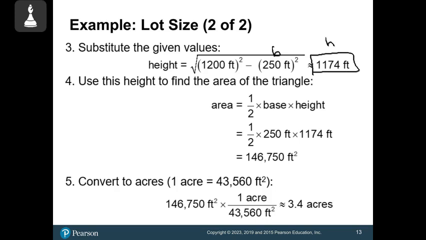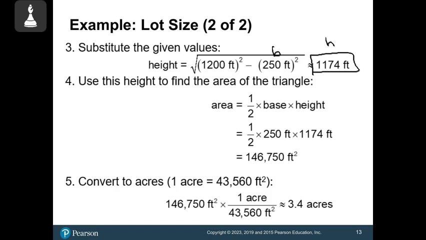This is my base. And once I have my base and my height, I can find the area of this triangle. Well, area is 1/2 base times height. So if I do 1/2 times 250 times 1,174, I'm going to get 146,750 square feet. Now, the last part of this question asked us to change it into acreage.